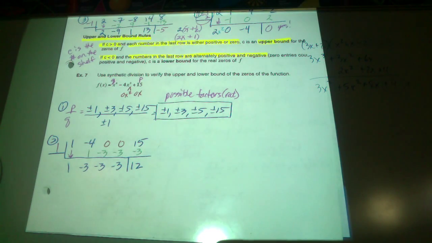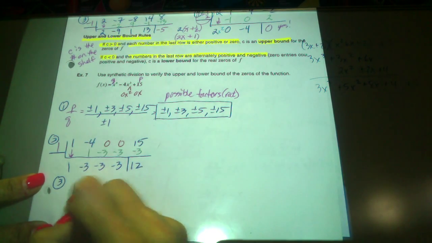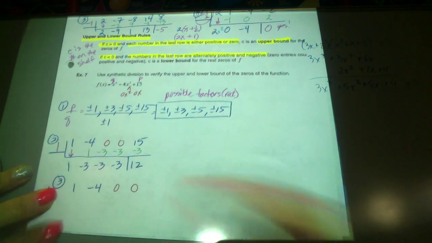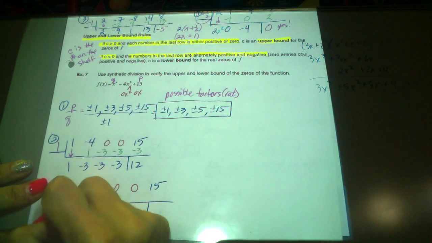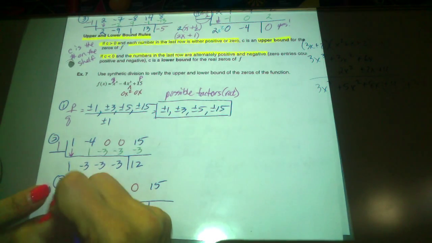So while I'm at it, I'm going to check -1 because I might as well check for a lower bound. So I've got 1, -4, don't forget your zeros, and 15. So this time I'm throwing in -1.